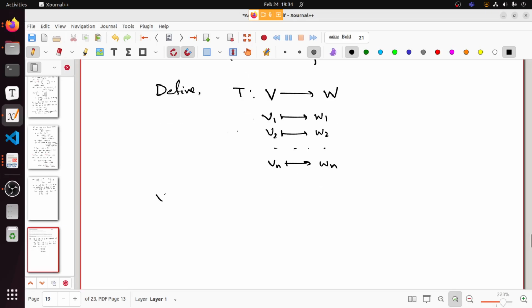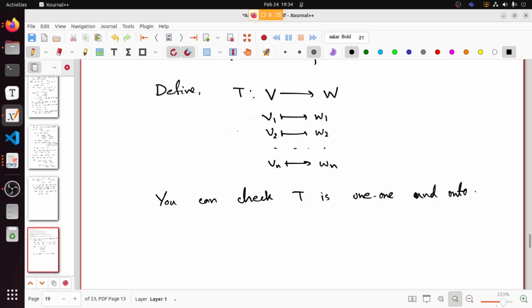You can check T is one-one and onto. So let me tell you how you will check. I will not write it down. For onto, you have to check that for any w in W there is a pre-image v, right?